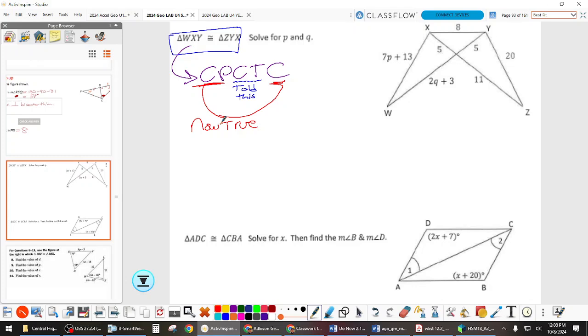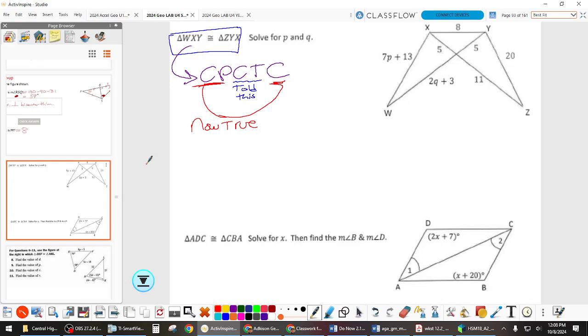I'll say it this way: congruent parts are congruent. That's now true because we're told that the two triangles are congruent. That's a really big result because now anything that goes together, anything that corresponds or matches up, we can set as equal.